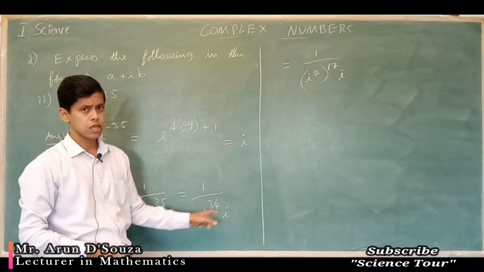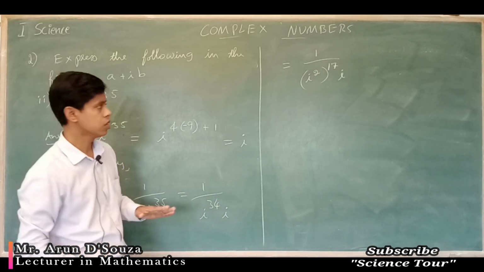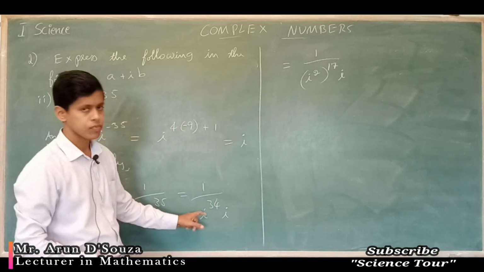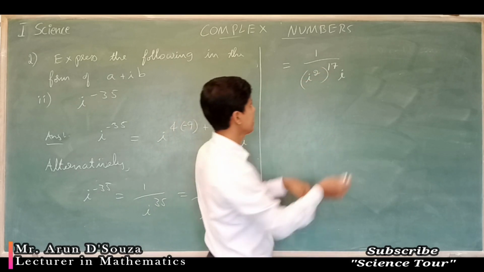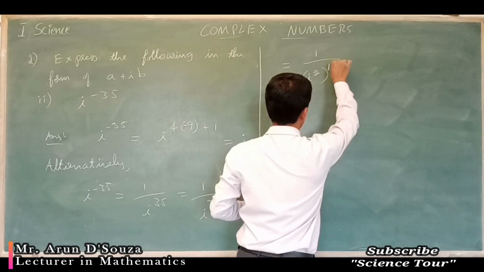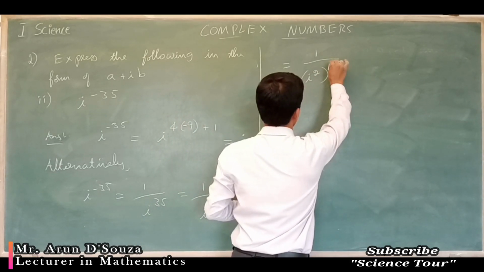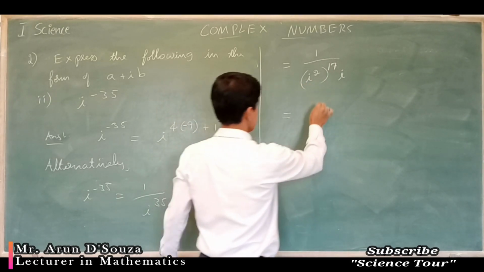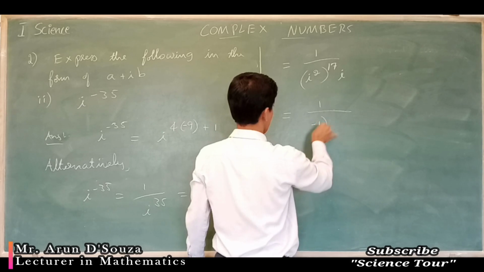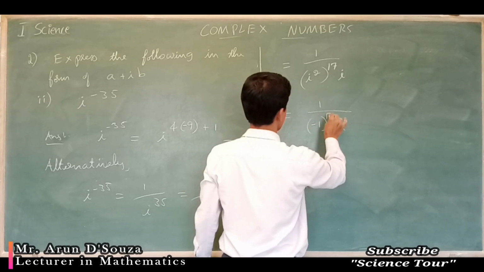So this separation I hope you have understood. And this is like 2 into 17, so i square to the power 17 I am writing here. Well, now what I can do is replace i square, that will give me the answer. So this is 1 by minus 1 to the power 17 into i.